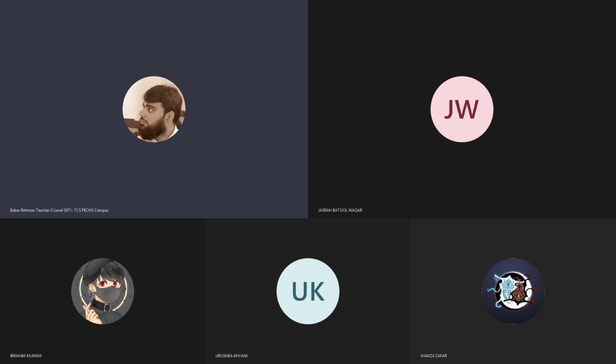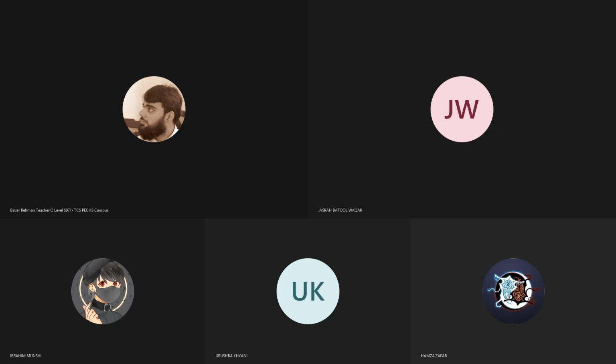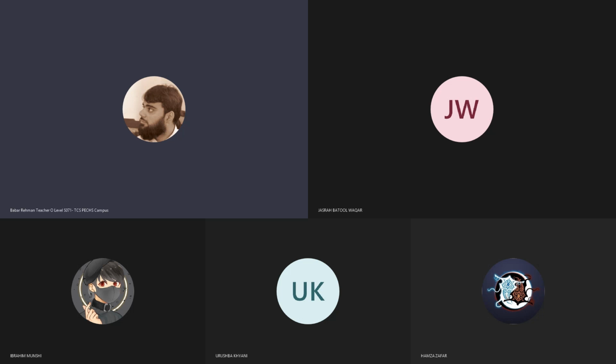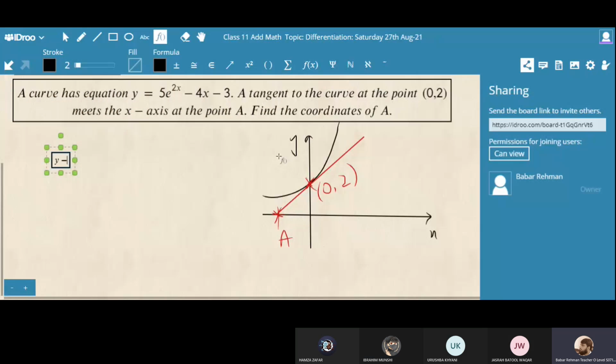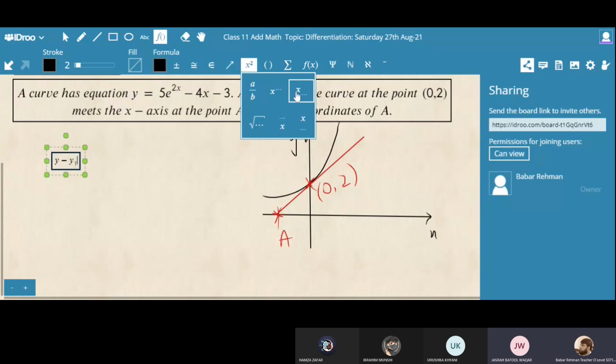Now you can see the screen. Do you remember? Look into your copy notebook. I have written it like this: y minus y1 is equal to m times (x minus x1). Very good. m means gradient. Some people write dy by dx, some people write it like this, but it means gradient.